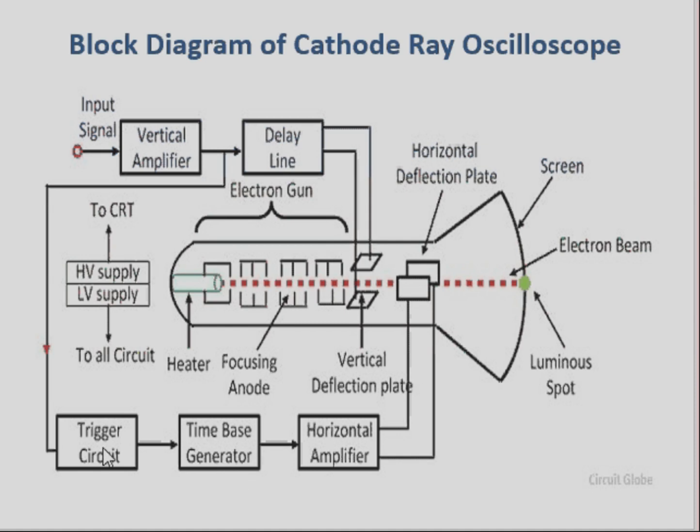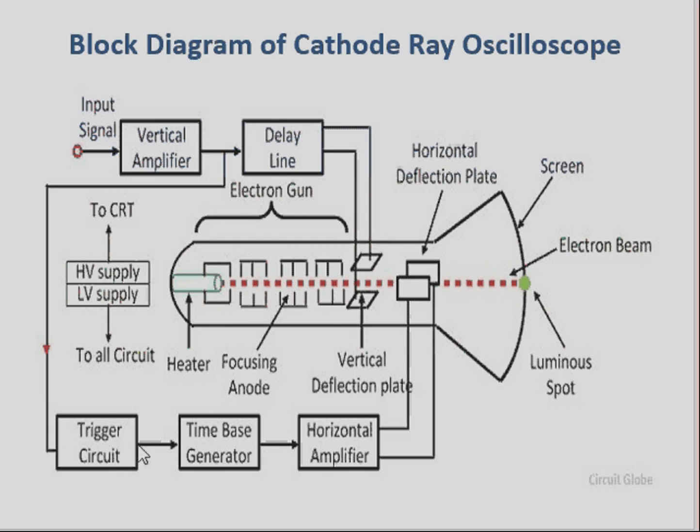And the third block of this cathode ray oscilloscope is called the trigger circuit. The function of this trigger circuit is to produce the triggering pulses for the operation of the time-base generator.